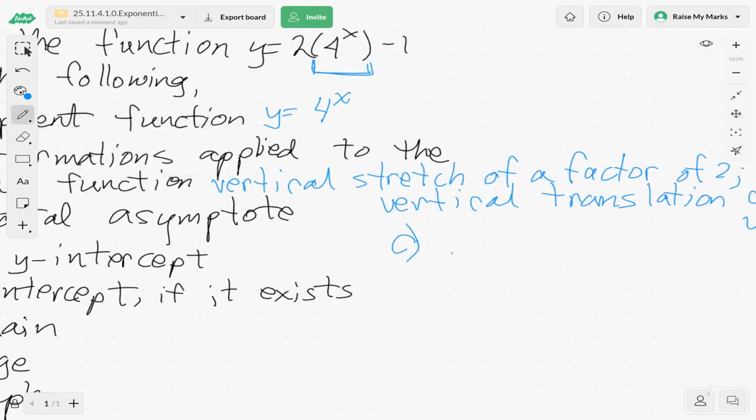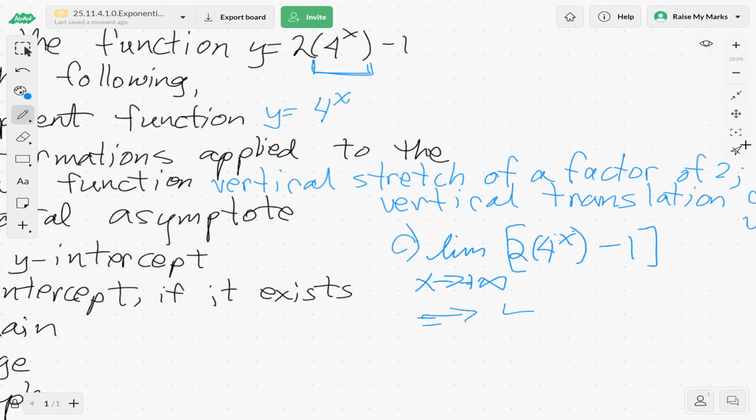Let's take the limit of our function y as x approaches, let's start with positive infinity. As x approaches positive infinity, we're going to get a very big number. So this actually approaches infinity.